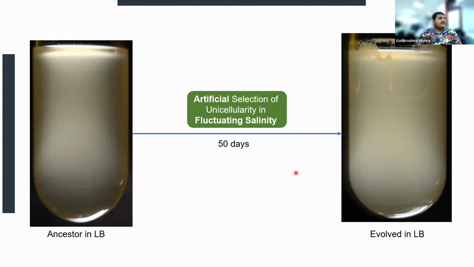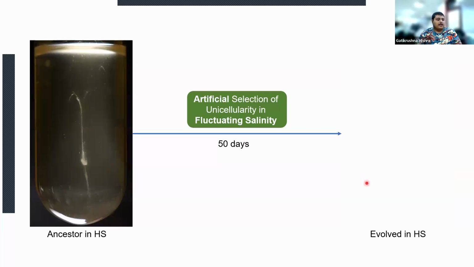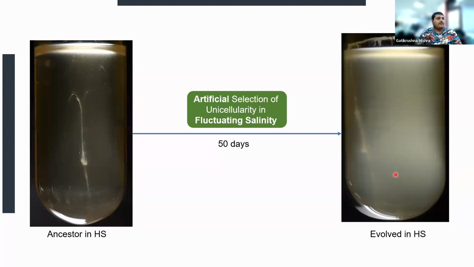That was very surprising. And in high salinity, the ancestor looked like this, and the evolved look like this. This is also very intuitive, because we were selecting for unicellularity. So we would expect that the bacteria would explore the liquid medium or the unicellular niche more. But according to the FU regime as well, they have not completely gotten rid of the potential to form the multicellular cluster, but they can also acquire the niche of the liquid medium.